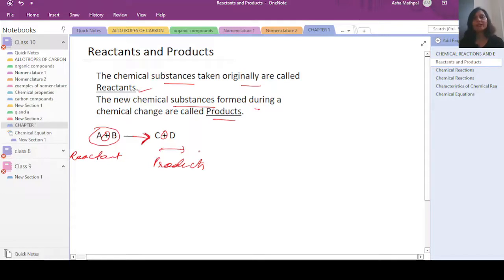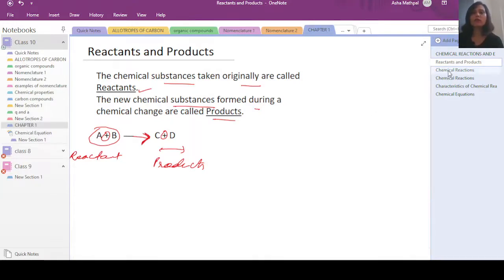Whatever is obtained at the end is called the product. In between you put an arrow sign. The arrow must point towards the product. So reactants are present at the beginning and products are the new substances formed at the end of a chemical reaction.